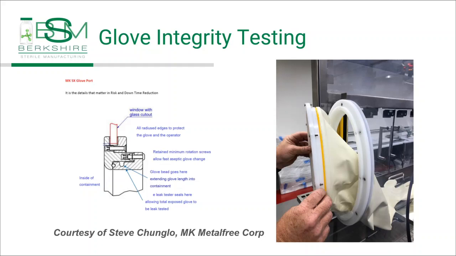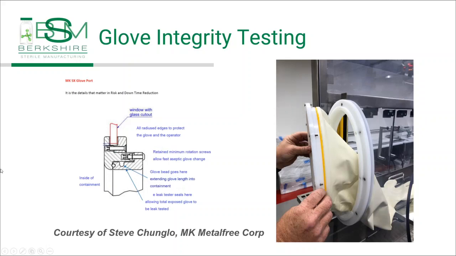What I did was, this area here was highlighted. You see that I'm moving the mouse around because this is the part that's attached to the glove. And you can see this is the bead where the glove bead goes right here. And it's important that the glove integrity tester seal here.